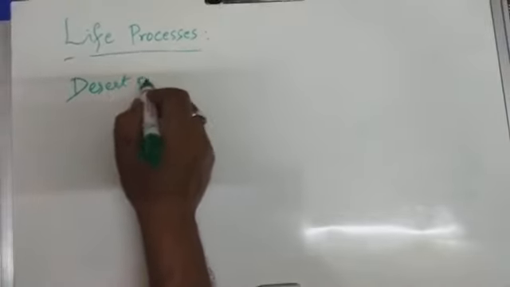And these three events, in many of the plants, take place one after the other immediately. But in some plants they cannot take place one after the other immediately. Example, desert plants. In desert plants, what happens?